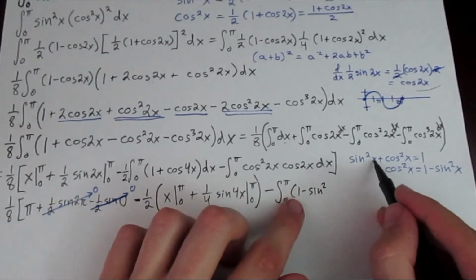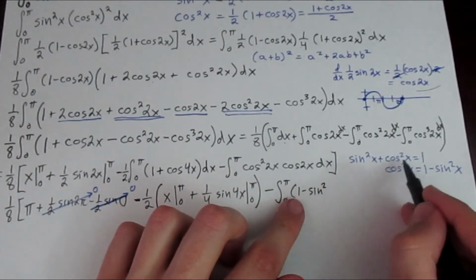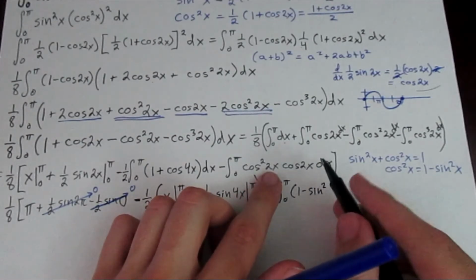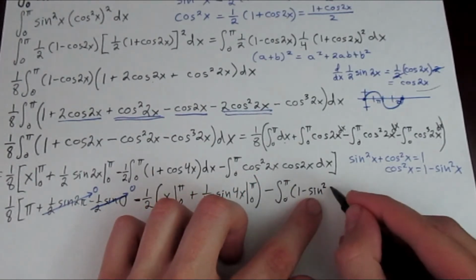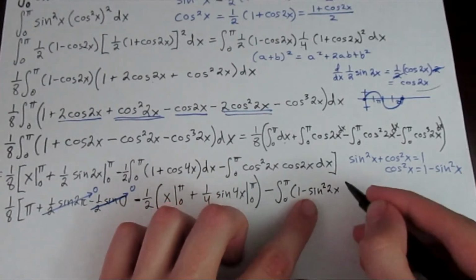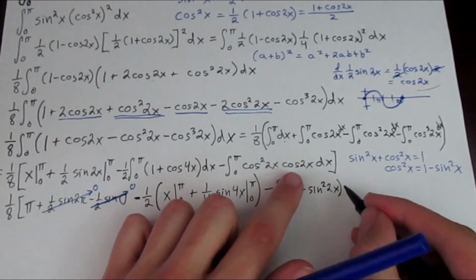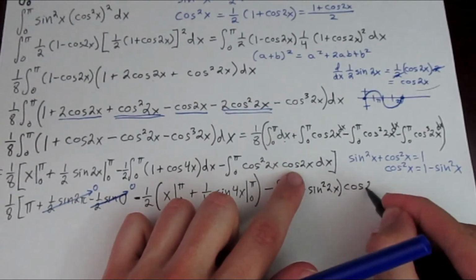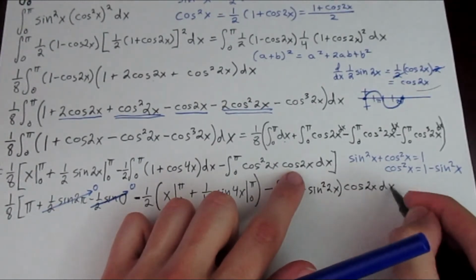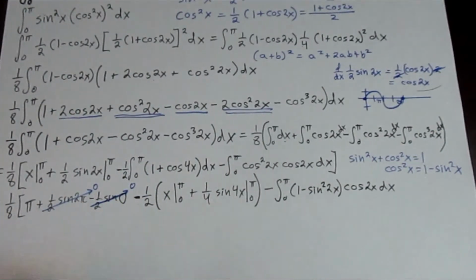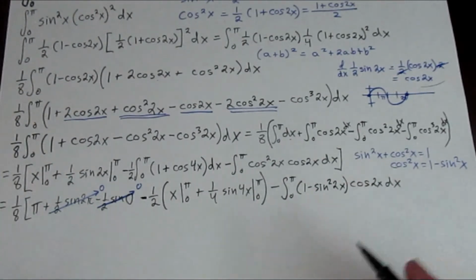Now recall that this is just sine squared x plus cosine squared x. When you have 2x in here, this will become 1 minus sine squared of 2x right here, times cosine of 2x dx. Now we could use a u substitution here.